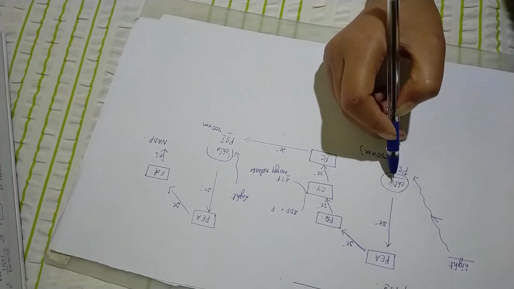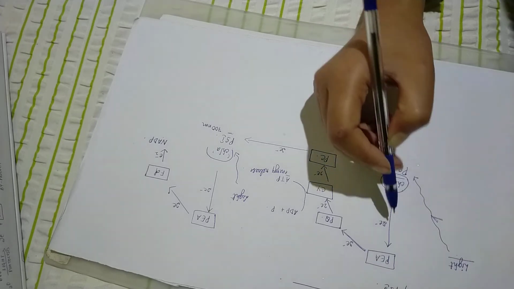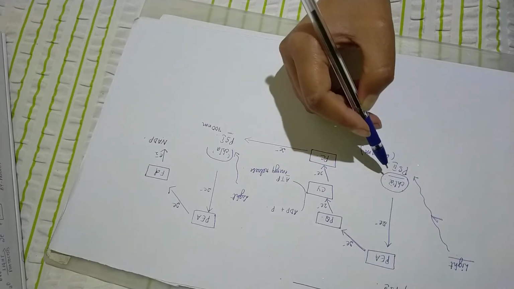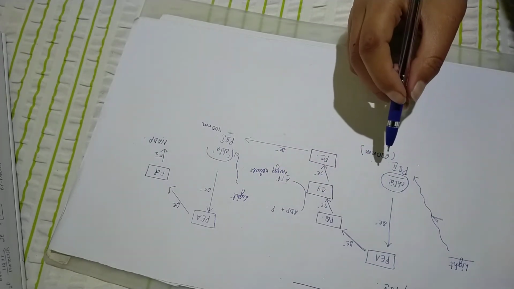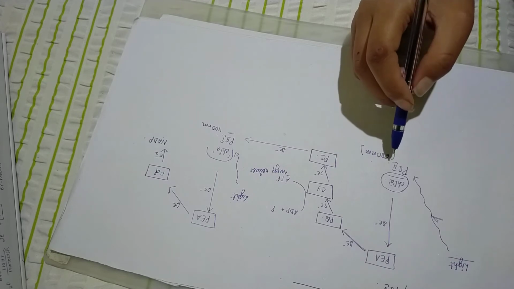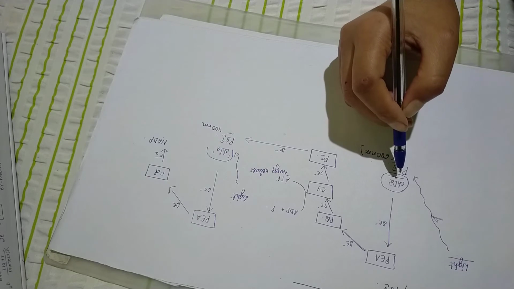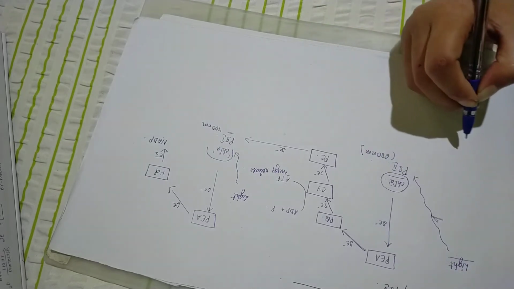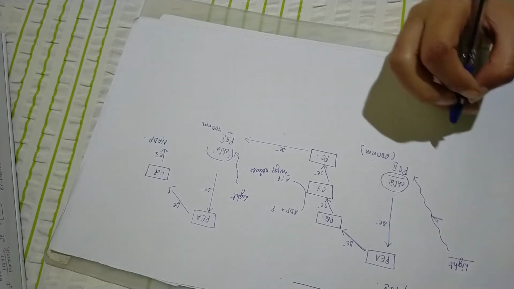The electron which got excited and transferred is being excited and transferred continuously. So there should be a mechanism which replaces the excited electron from here. The mechanism is known as the photolysis of water.